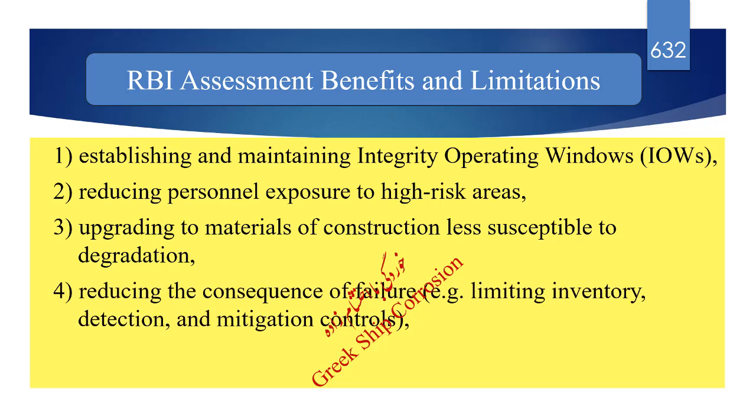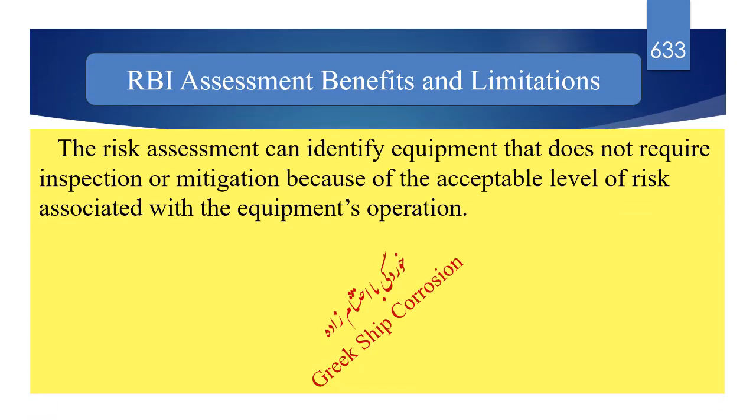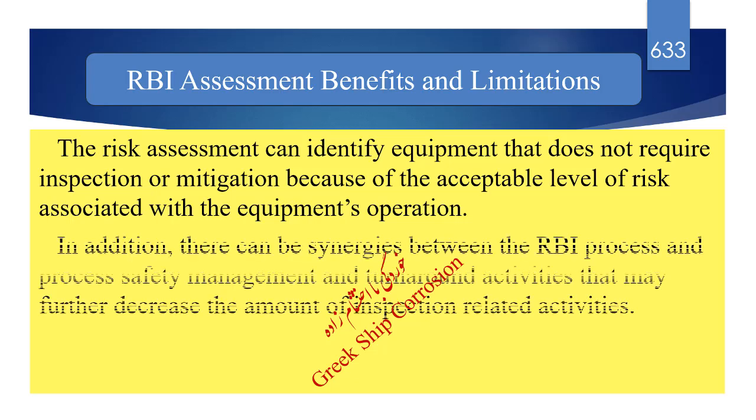Reducing the consequence of failure, for example, limiting inventory, detection and mitigation controls. 5. Repair or replacement. The risk assessment can identify equipment that does not require inspection or mitigation because of the acceptable level of risk associated with the equipment's operation.